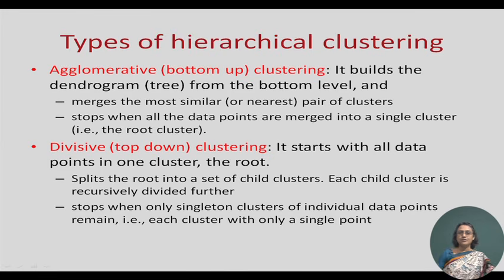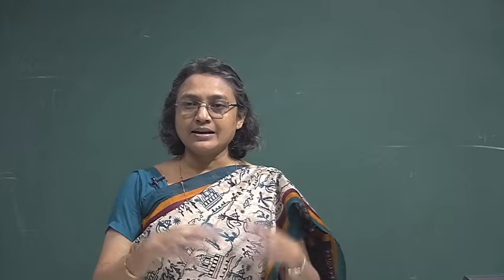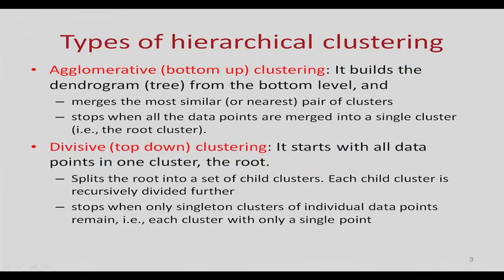Then we find the distance between each pair of clusters, and the pair which is closest to each other is merged, so that at the next step we have m minus 1 clusters. Again, we try to find the closest clusters and merge, so that we have m minus 2 clusters. Like this we go on until all the clusters are merged. So, this is the gist of agglomerative hierarchical clustering.